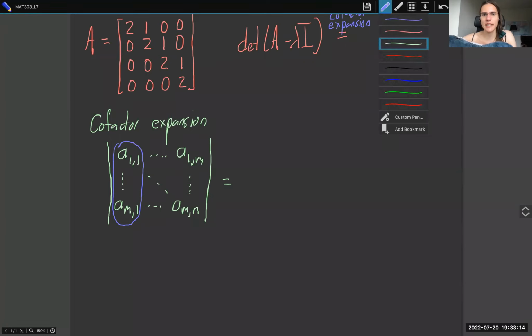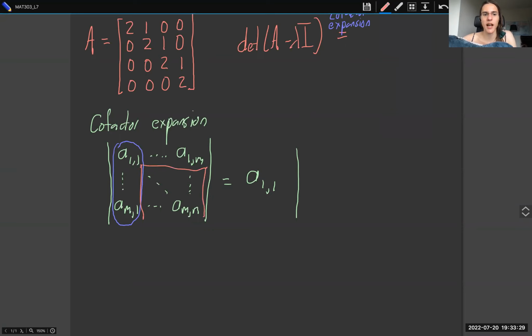So what I'm going to get is A11 times the determinants of what? Well, this entry sits up top a matrix right here, right? That's one size smaller. So it's going to be A11 times the determinants of A22 through AMM. So that's the matrix that's right here.